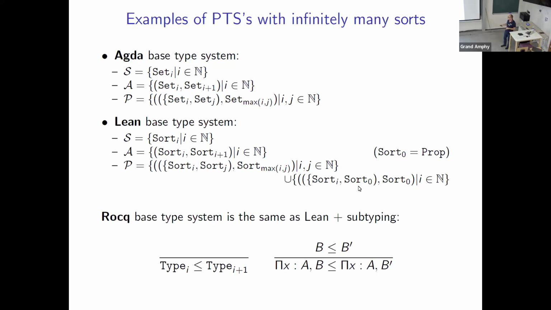In Lean, it's very similar. Instead of Set, it's called Sort, but you also have this hierarchy. One important difference is that Sort 0 is actually called, and written in the code, Prop. They are equivalent. This is the sort that is used to represent propositions, and it is at the bottom of this infinite hierarchy.